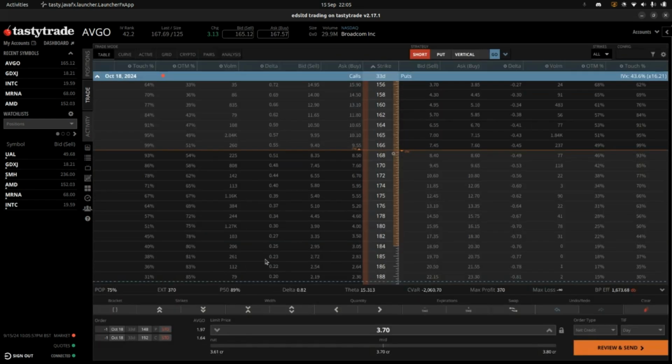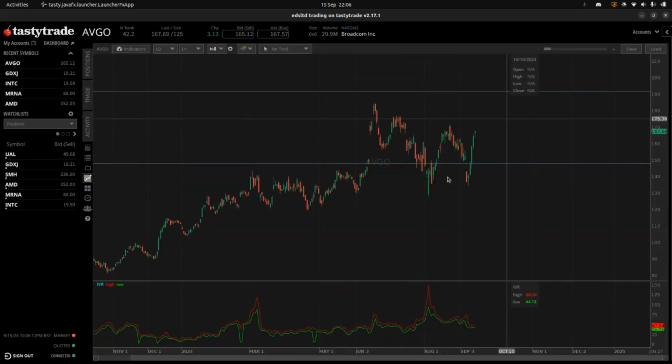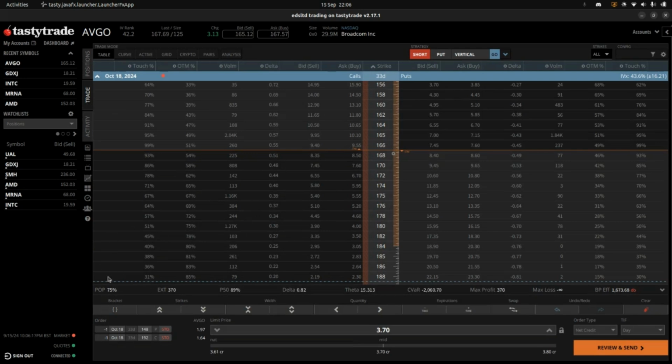Delta is an indicator. However, the brokerage that we use, tastytrade, actually calculates the probability of profit for us, and it also calculates the probability of hitting 50% of max profit as well. The probability of AVGO staying within this range by expiration is 75%. And the probability of this position reaching 50% of max profit at some point between now and the next 33 days is 89%, basically 90%.